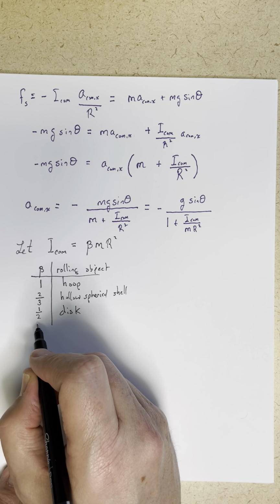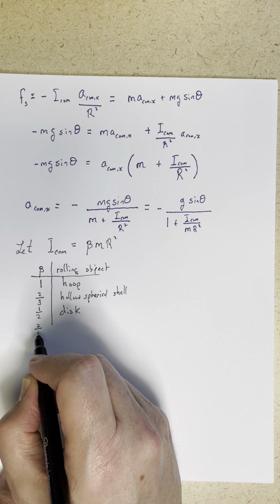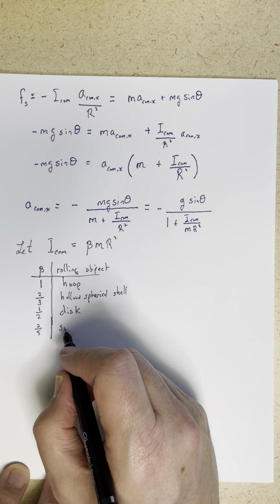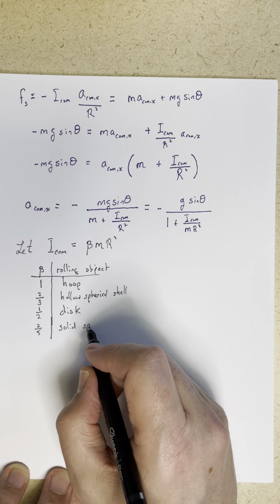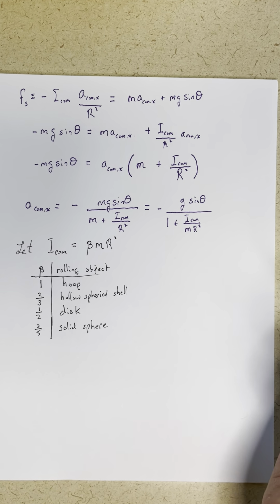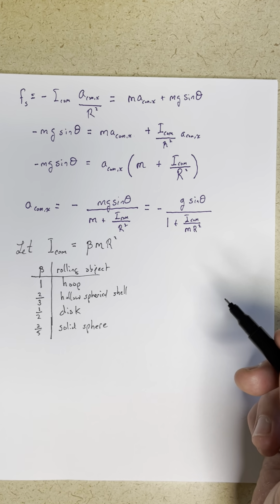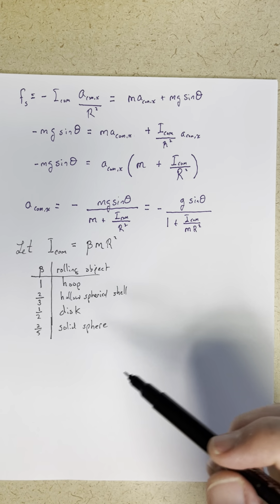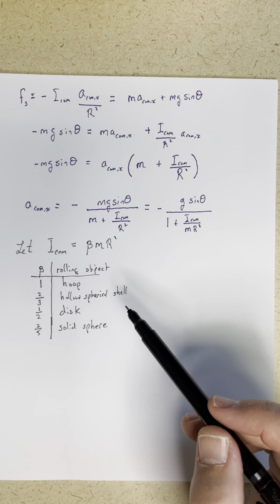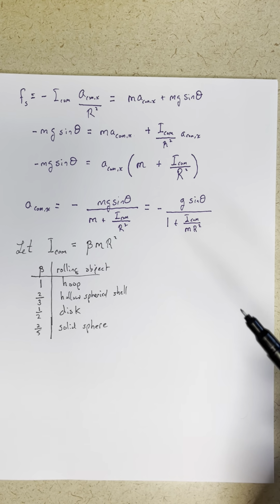And then if I have a solid sphere, beta is 2/5. And these are just some values that you can find tabulated in your book. Obviously, there are other ones, but this spans a good representative regime of space for objects that can roll.